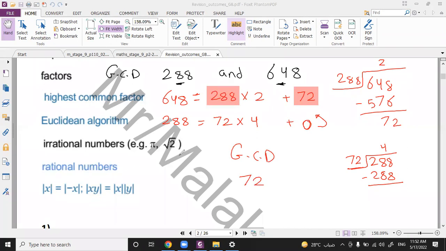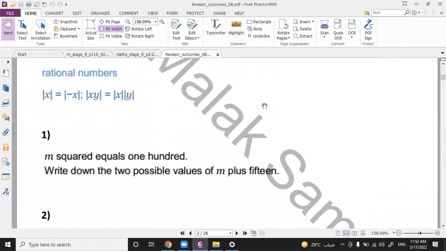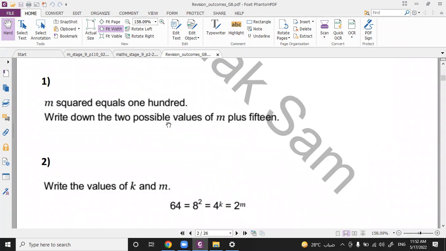Okay, did you get it? Let's move to the next. M squared equals 100. Write down the two possible values of M plus 15. So what's the meaning of two possible values? To find M, we have two values.